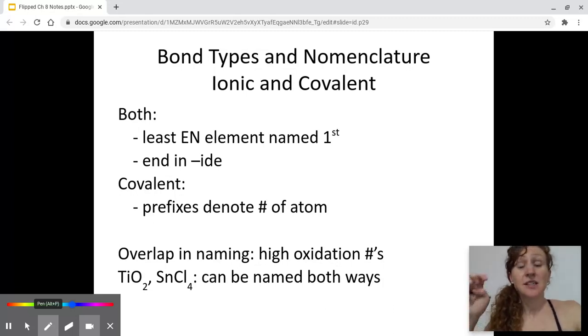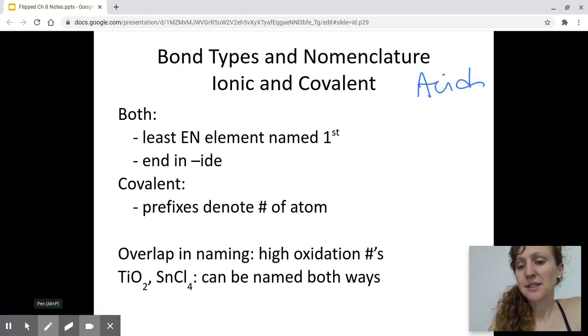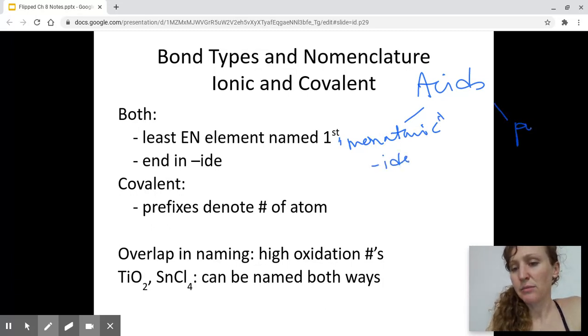All right, naming system number 4 is going to be acids. Remember, there are 2 types of acids. There's the mostly monatomic ones, also known as the ones that end in -ide. And then there's the mostly polyatomic ones, also known as the ones that end in -ate and -ite.